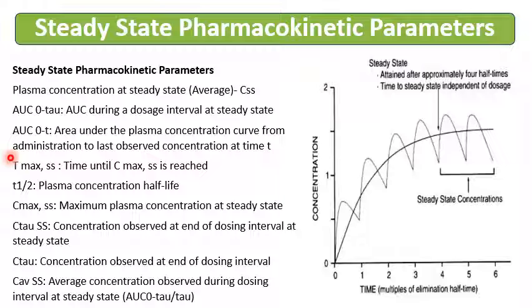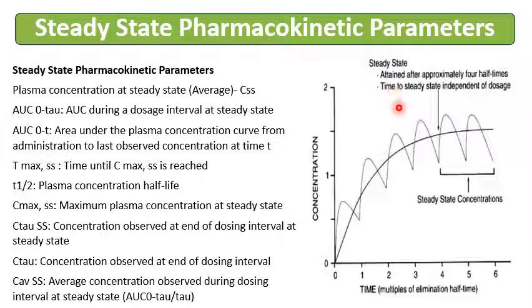So 0 to tau means AUC during a dose interval at steady state. Suppose I have given one dose, then second dose, then third, fourth, fifth, then sixth. So after 4, 5, 6 dosings, the steady state is achieved. So after 4 to 5 half-lives of the drug, the steady state concentrations are achieved.